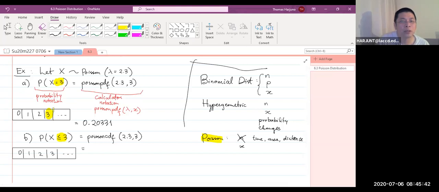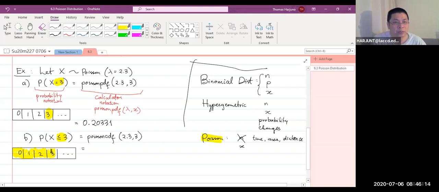So part B is up to 3, while for part A, that's only 3. Your question about the difference between PDF and CDF is exactly the same as in the binomial case. Is it only 3 successes or up to 3 successes?